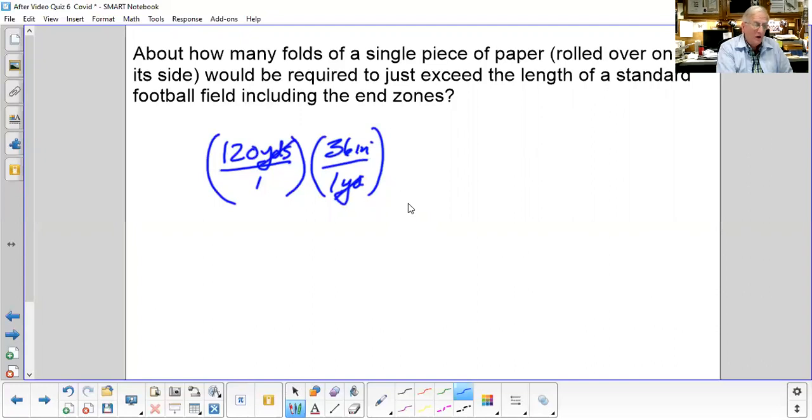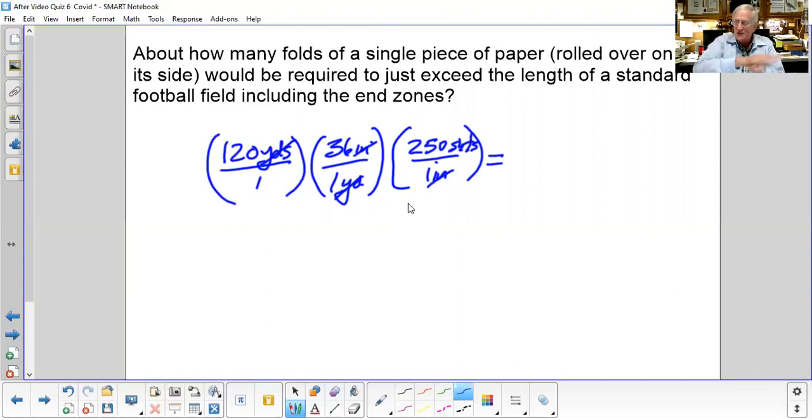Well, if you recall, for every 1 inch of thickness, there will be 250 sheets. So if I multiply this out, I will have this answer in the number of sheets of paper that would be stacked on top of each other and then turned sideways, or the number of thicknesses I need to have this happen.